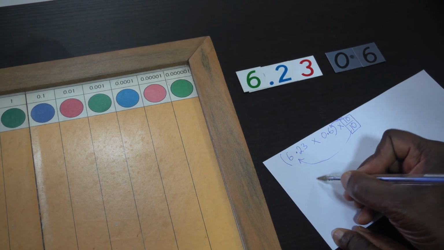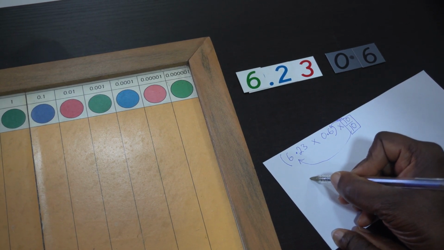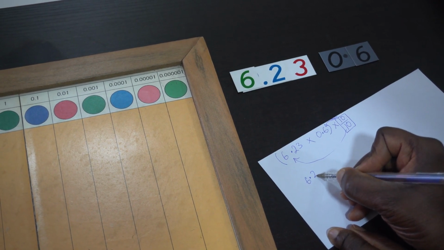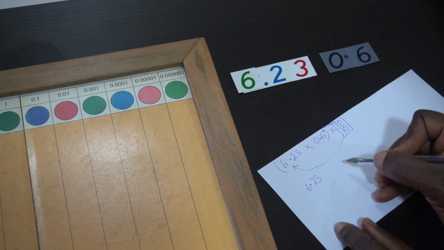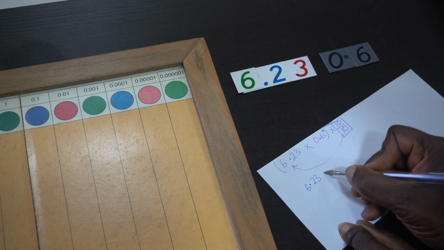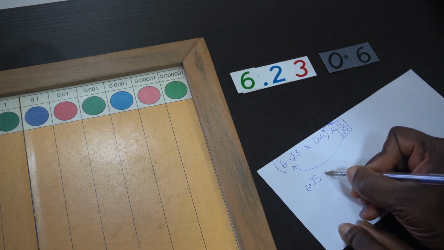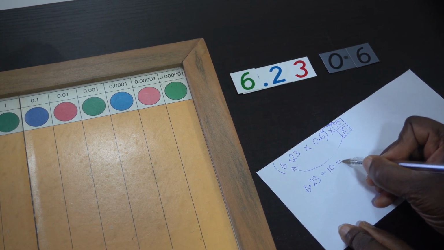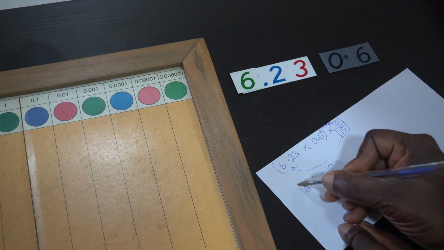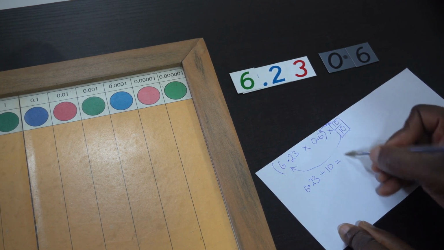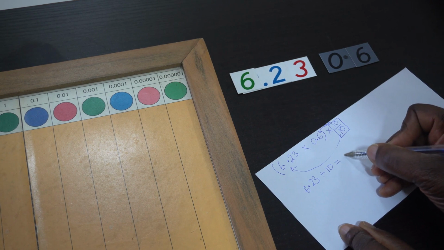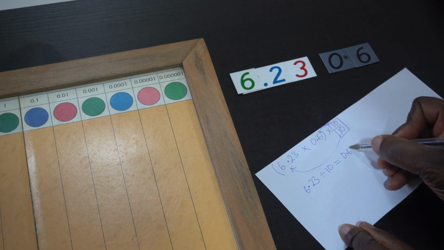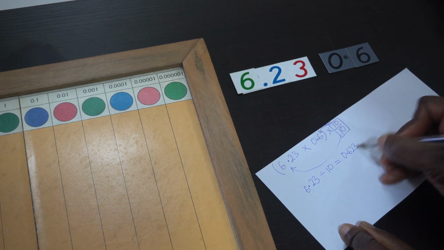We divide 6 and 23 hundredths by 10. That will give us, remember, the decimal point will go to the left one place. So we are going to have 623 thousandths.